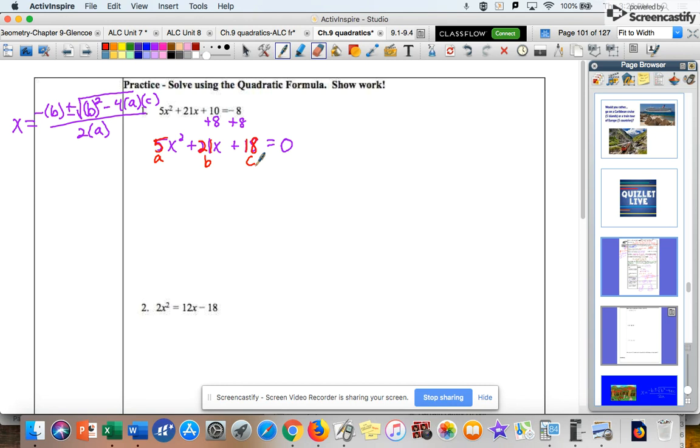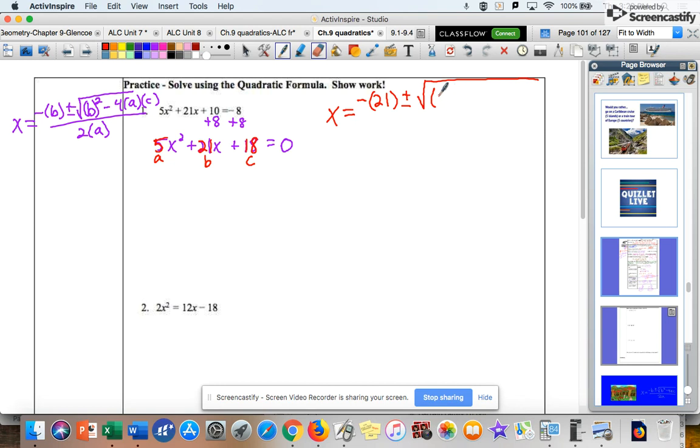So we're going to use those a, b, and c values. All right, let's plug them in. Not going to color code this time. Just going to go with, well, I guess I got red here for now, so let's just go with that. So x equals negative b, so the opposite of 21, plus or minus the square root of b squared.